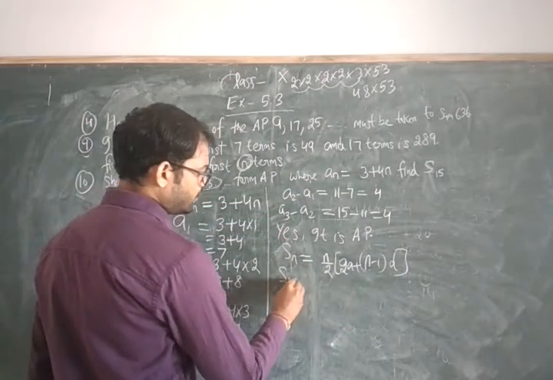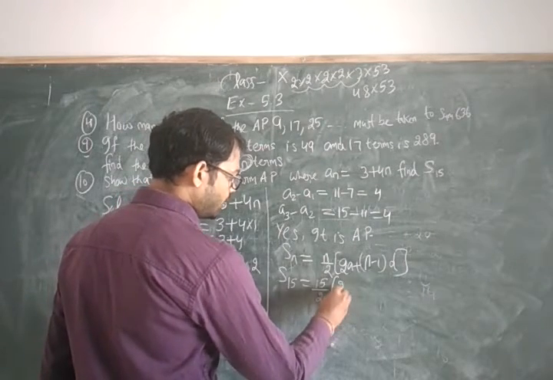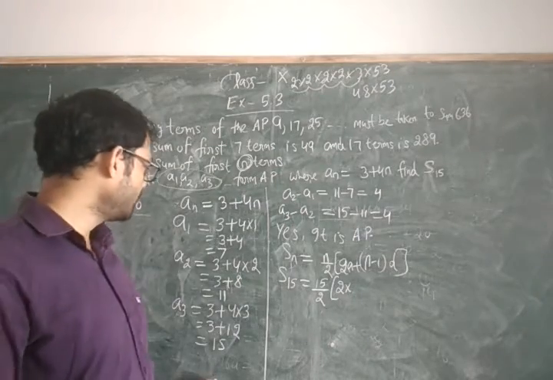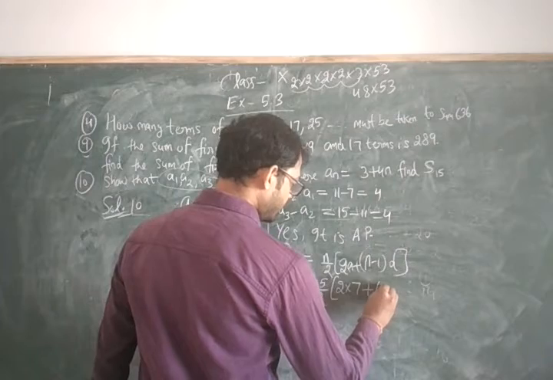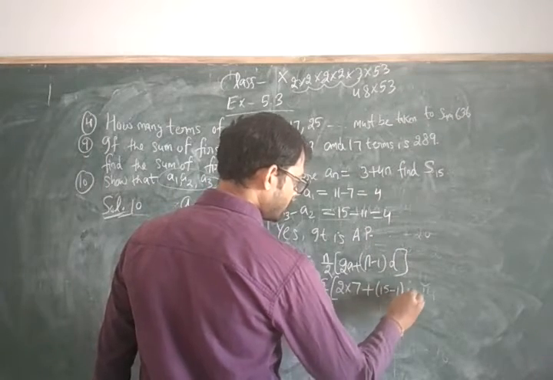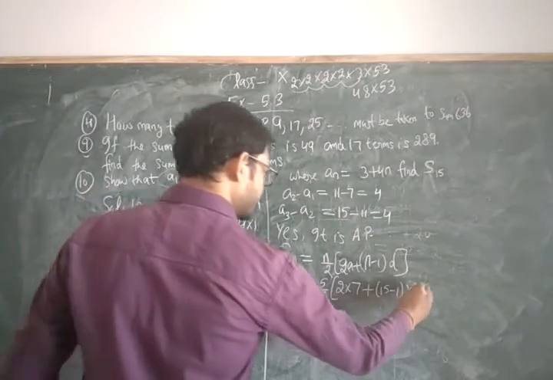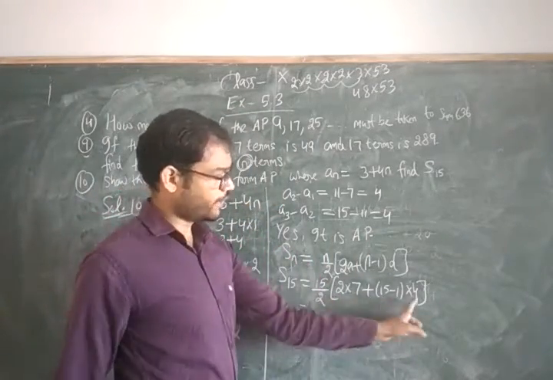So n is 15 is equal to 15 upon 2 in bracket 2 into a. A is your 7 plus n is 15 minus 1 and the value of d is ये कितना है 4.